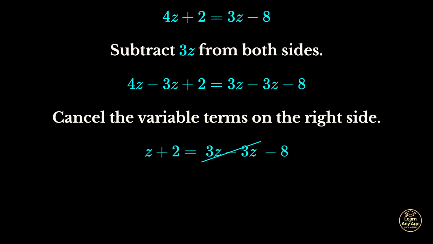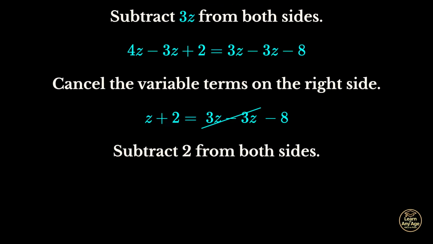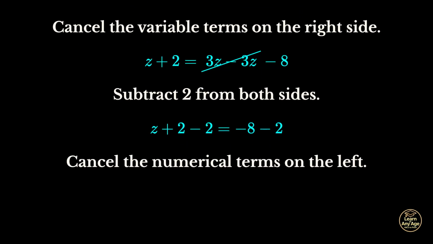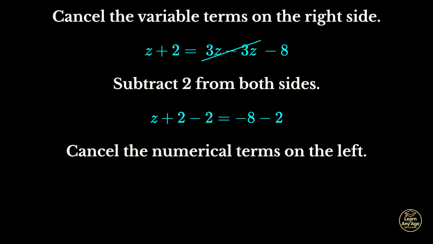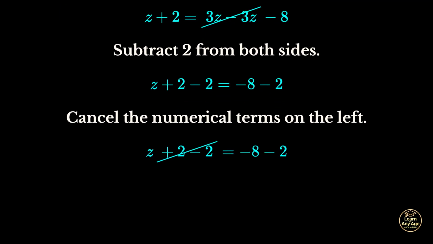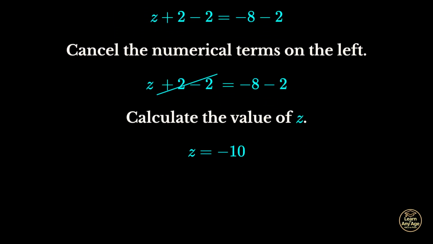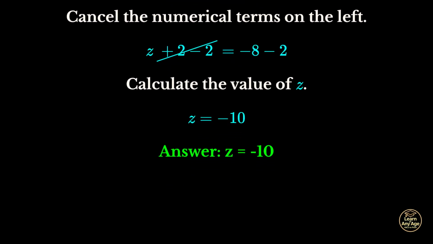Z plus 2 equals minus 8. Subtract 2 from both sides. Z plus 2 minus 2 equals minus 8 minus 2. Cancel the numerical terms on the left. Calculate the value of z. Z equals minus 10. Answer: z equals minus 10.